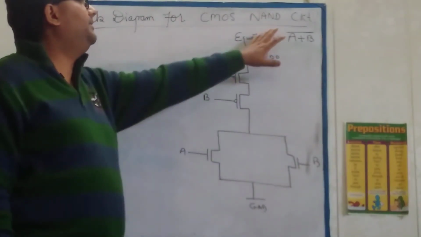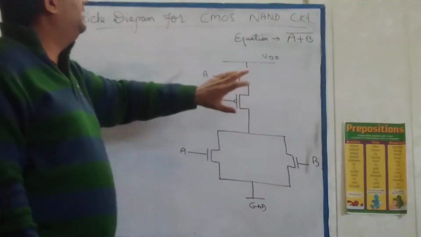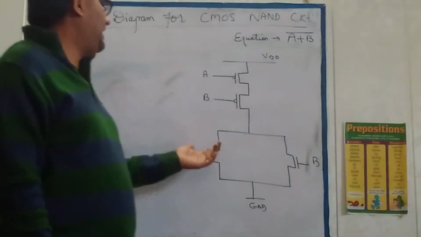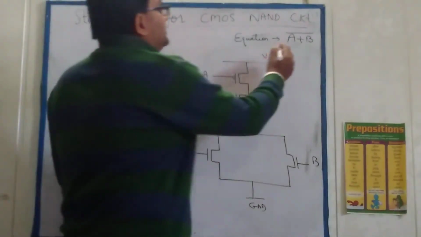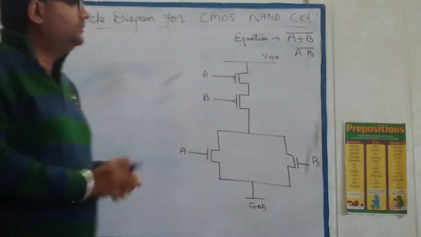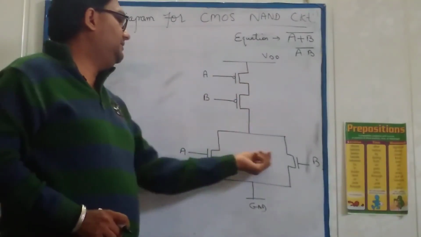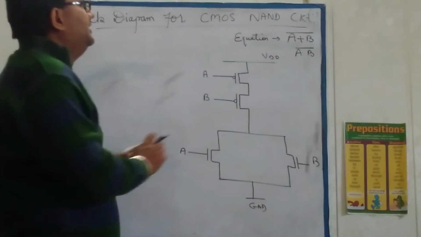Always remember that for the NAND, the PMOS are connected in parallel and the NMOS are connected in series, right? If it is for the NOR, then the PMOS are connected in series and the NMOS are connected in parallel. That is the only difference. Always remember that.